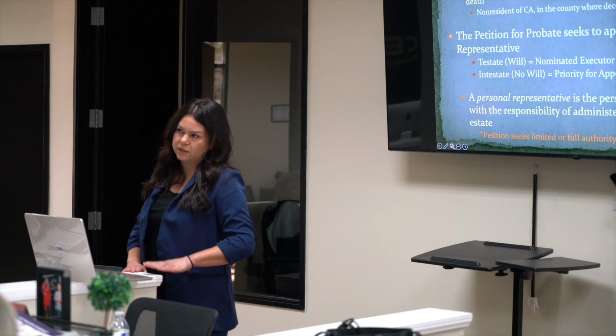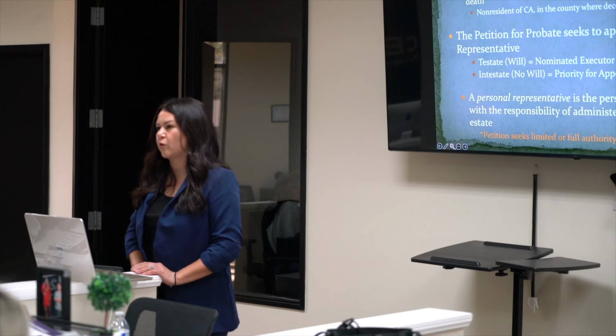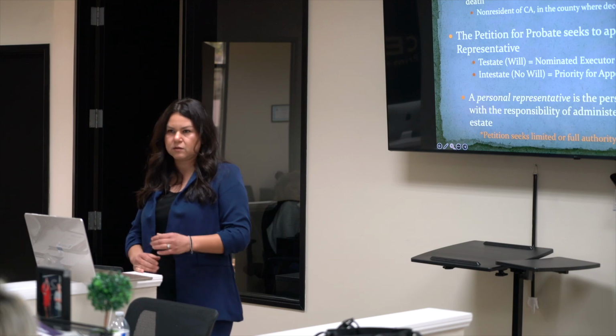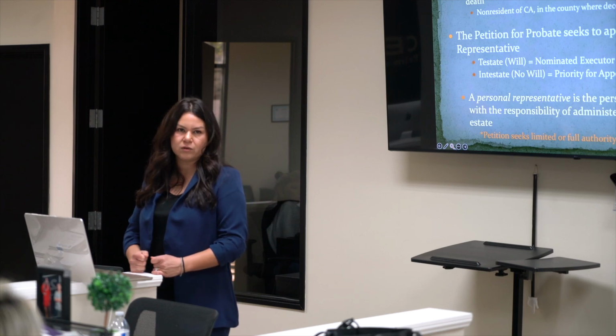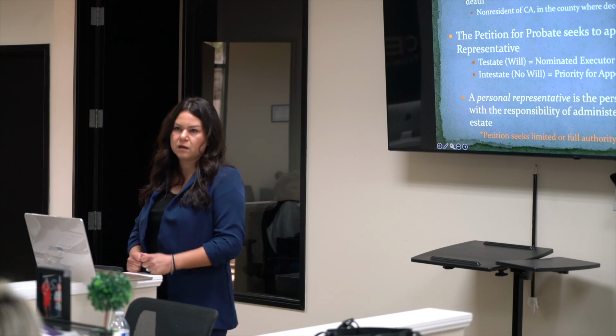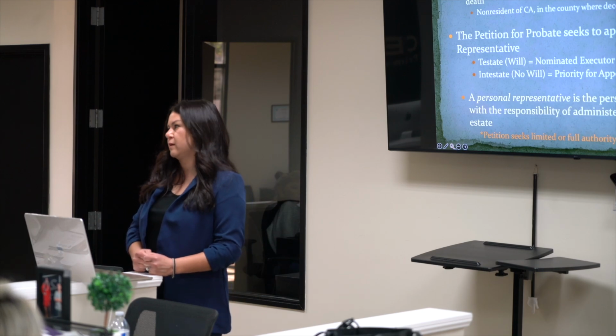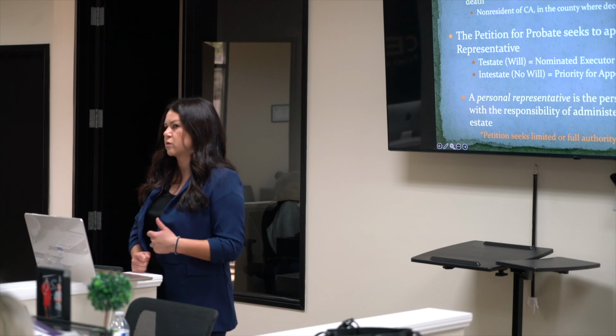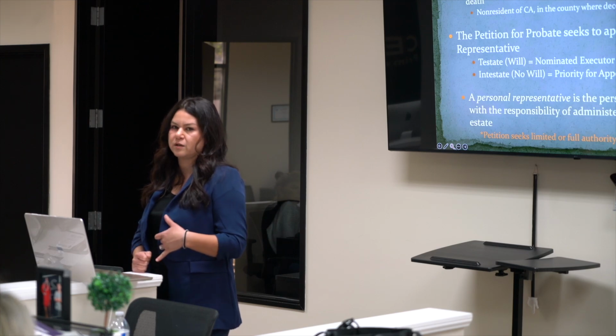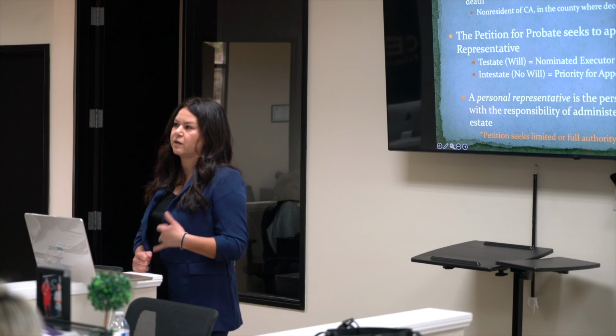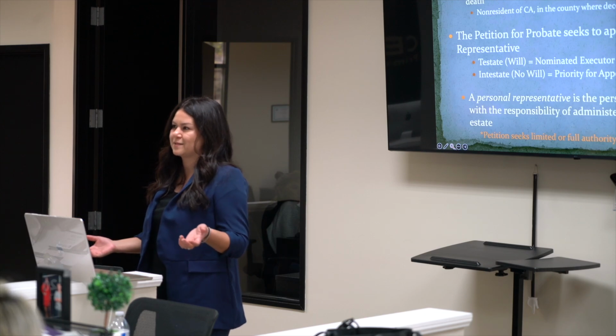But it's always a good idea, before having someone sign a listing agreement, to look at title and see who the actual owners are. Because I've had many cases where a realtor calls me and says, hey, this is urgent. We're in escrow and the person on title is dead.